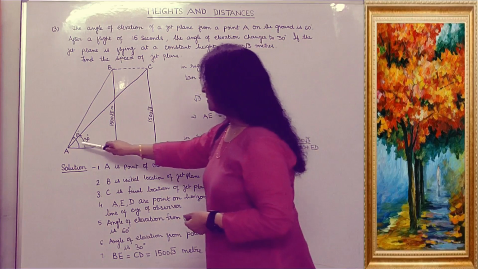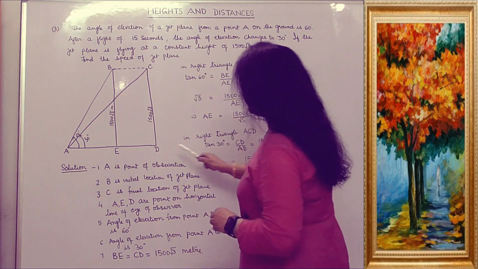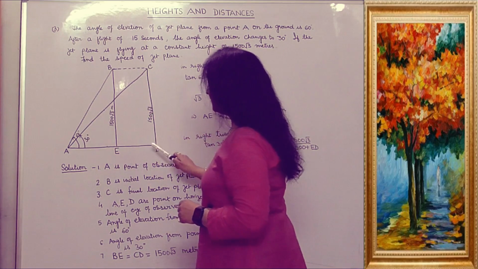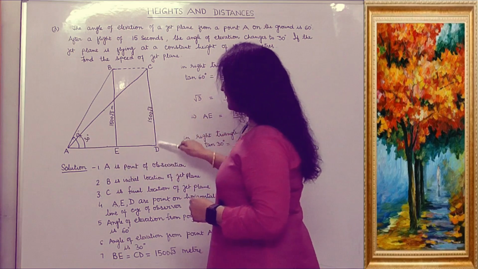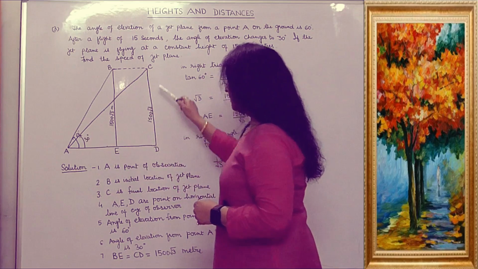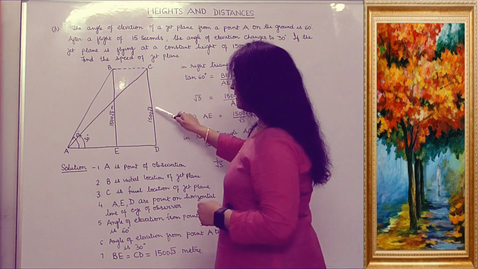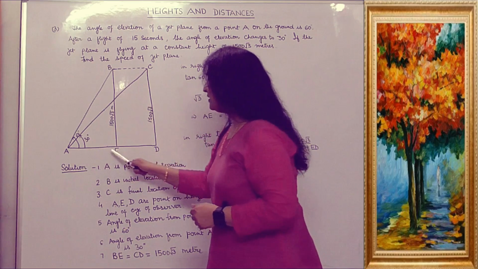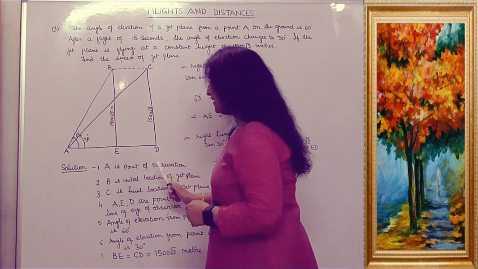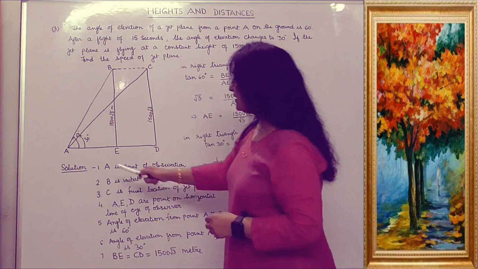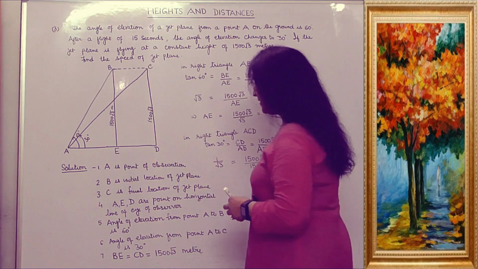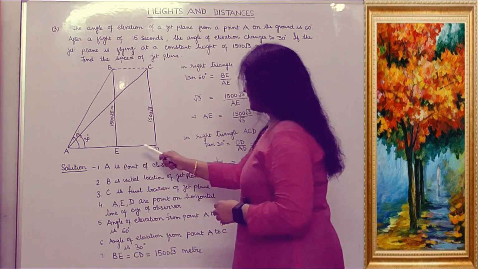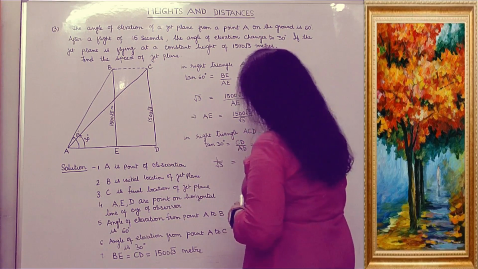Now consider next triangle, right triangle ACD. Tan 30 degrees is equal to CD upon AD. CD is equal to 1500 root 3. AD is equal to AE plus ED. AE is equal to 1500, and ED is not known.